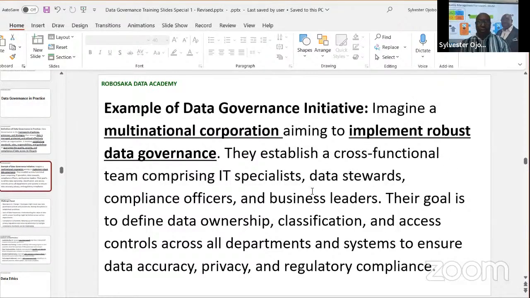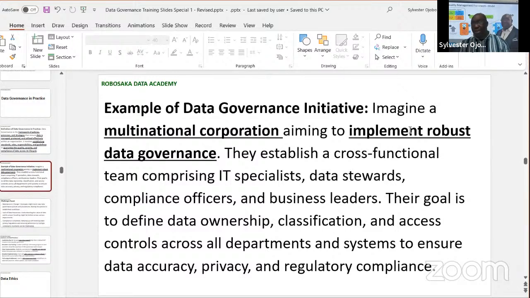So for you to implement this, your focus is the implementation of robust data governance, understand the word robust. Your aim is to make sure you have this, and your program will comprise how robust the data governance will be.